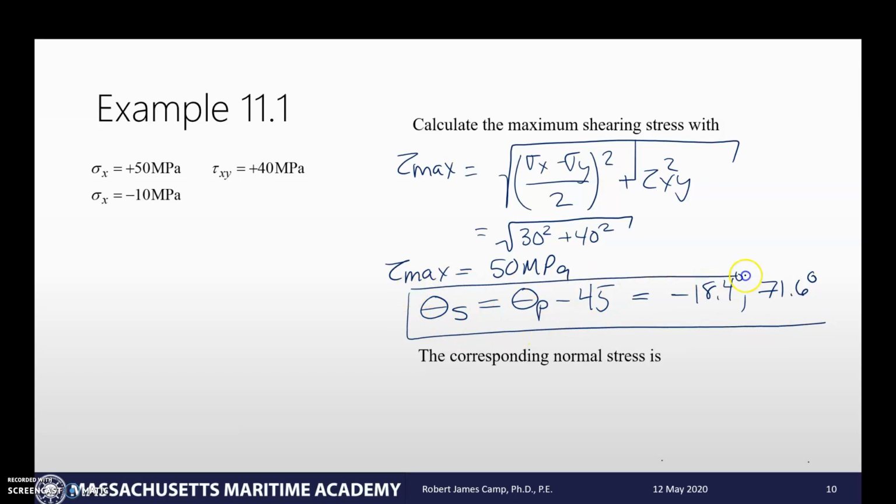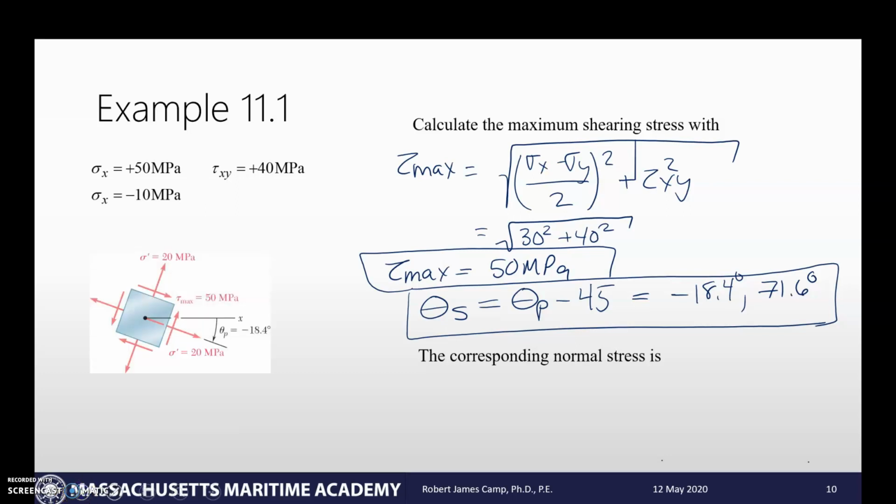Now remember, my maximum in-plane shear stress plus or minus doesn't really matter because it's going to be the same shear stress, but our angles are important to get to where we're going. Okay, and actually I think there's my picture of my rotated element showing my principal shear angle. I know that the book has P there, that really should be S.